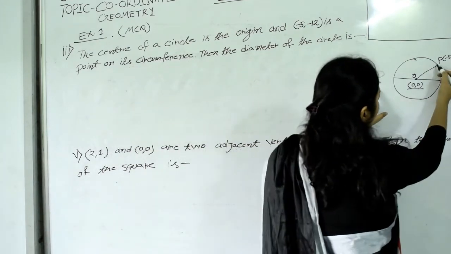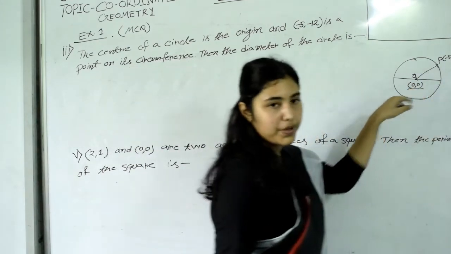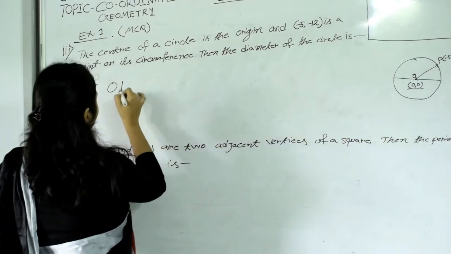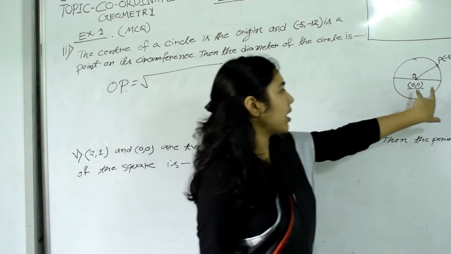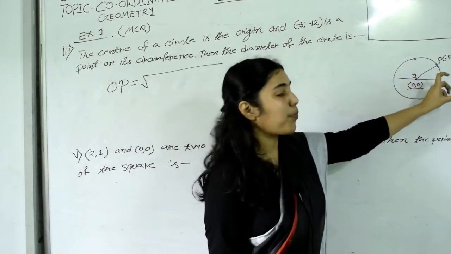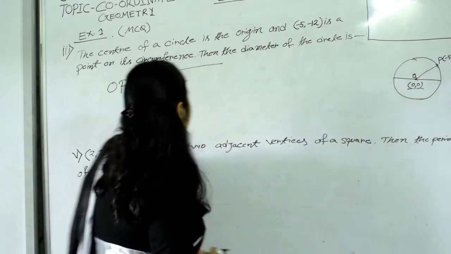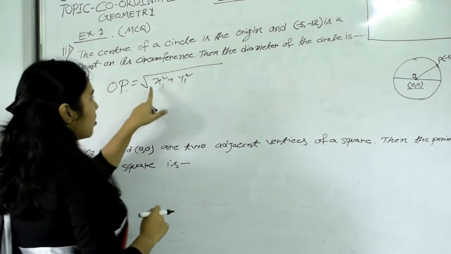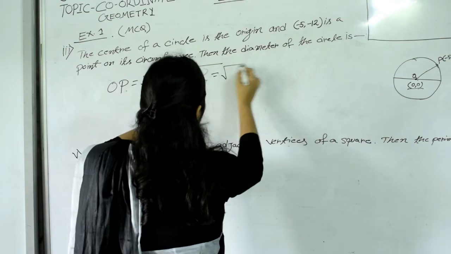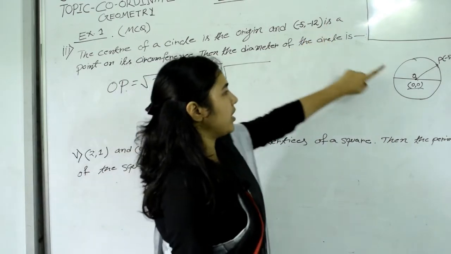So first find this distance OP. So OP is equal to root over, we know that the distance of a point from the origin, the formula is x1 square plus y1 square. x1, y1 is the coordinate of this point P.